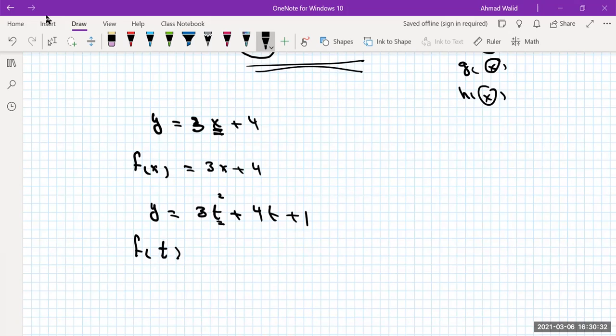F of t equals 3t squared plus 4t plus 1, or g of t, correct? Whatever you name your function, but usually we name it f. But when you are dealing with a few functions at the same time, of course, you have to choose different names for them, correct?